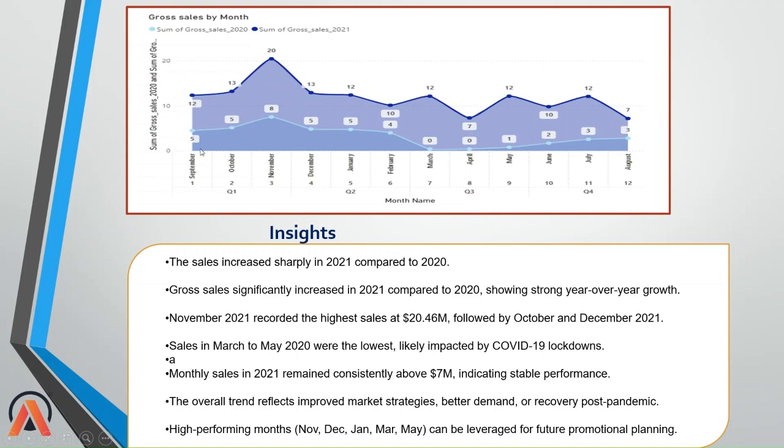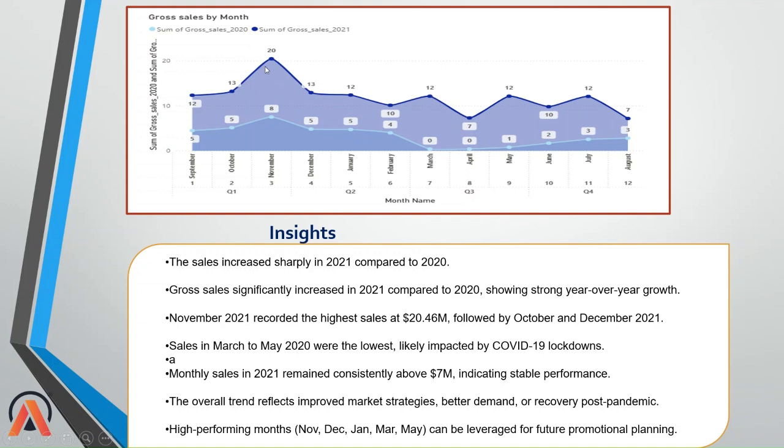We can see there is a clear and significant increase in the gross sales compared to 2020. The sales increased sharply in 2021. Gross sales significantly increased in 2021 compared to 2020, showing strong year-over-year growth.